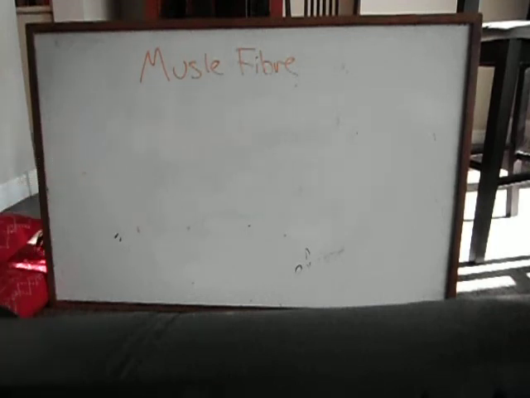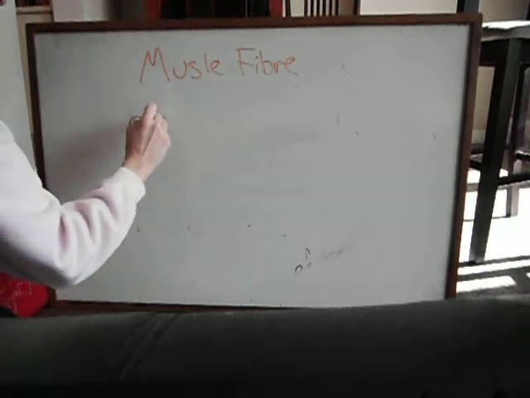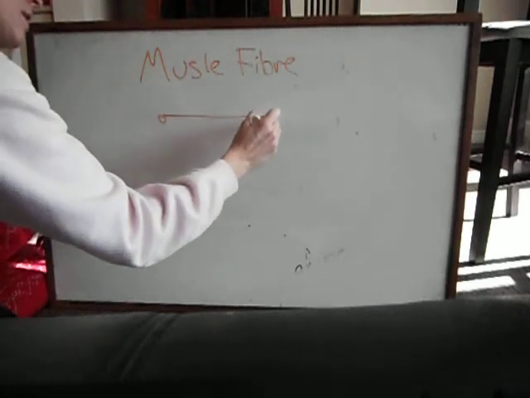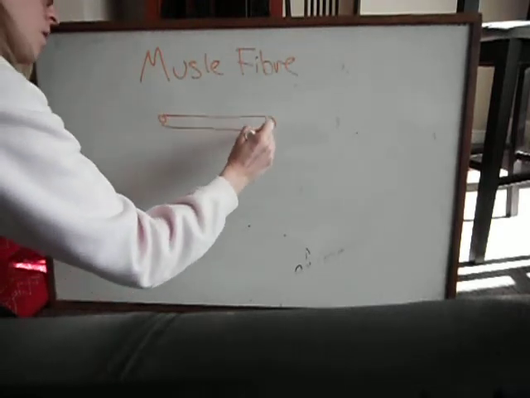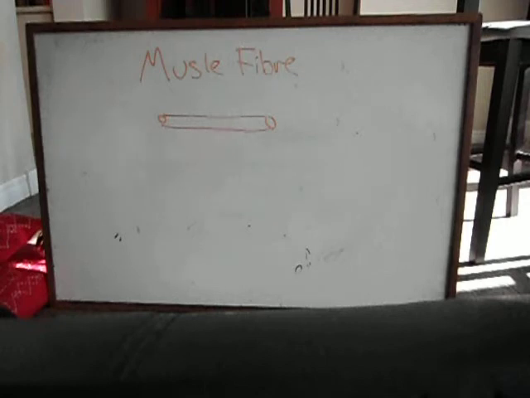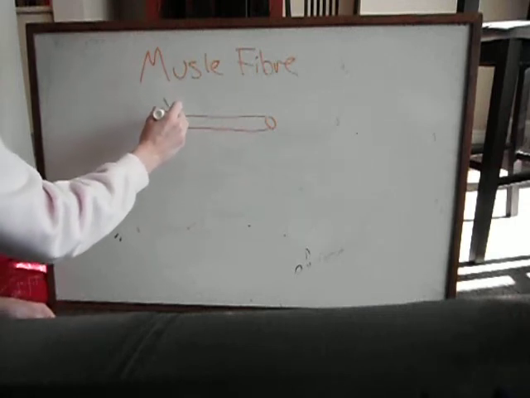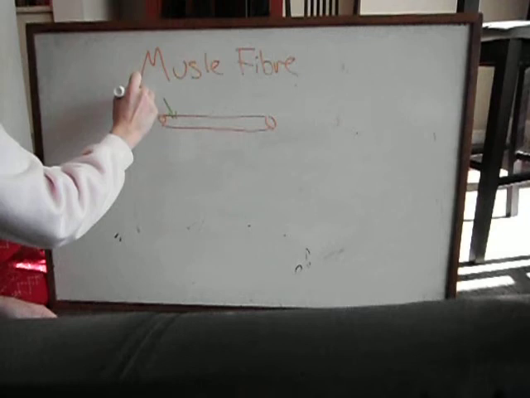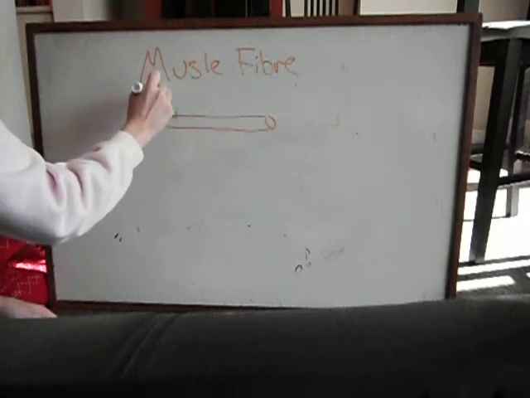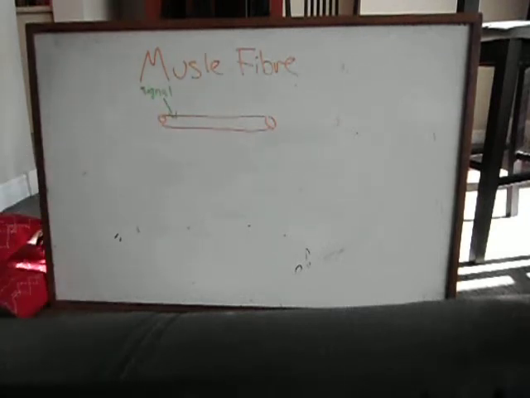The muscle fiber is made up of little components called myofibrils. And what's going to happen is when that action potential occurs within the muscle fiber, it's going to travel all the way down into the myofibril. So the signal has been sent here.